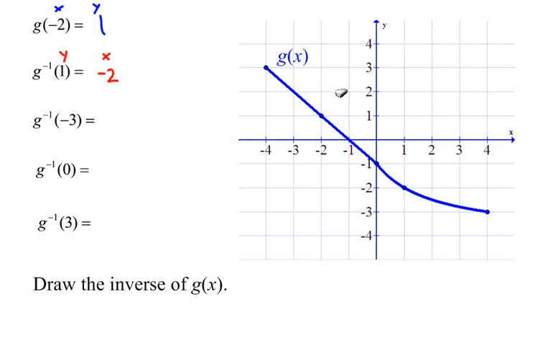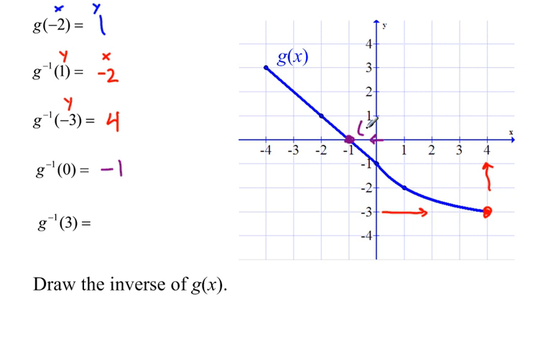All right, let's try another one. This time we have g inverse of -3. So since it's inverse, -3 is our y. So there it is, -3. We're going to go across to this point, and it matches up with an x value of 4. Let's try the next one. G inverse of 0. We're going to go where we have a y value of 0, and our answer is going to be -1.